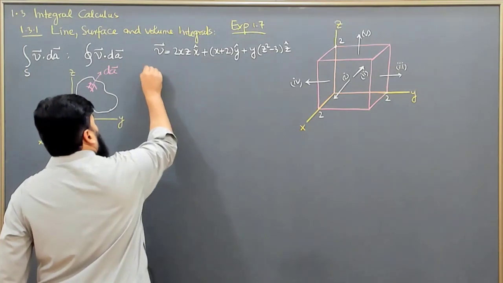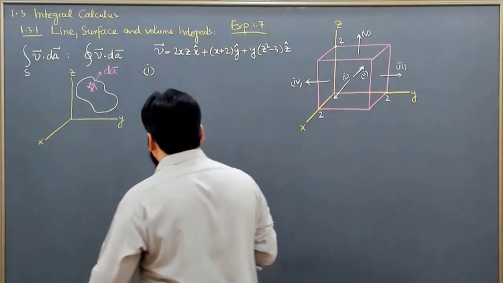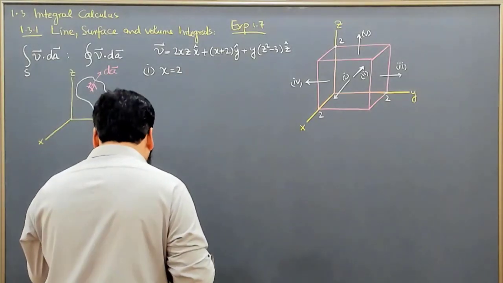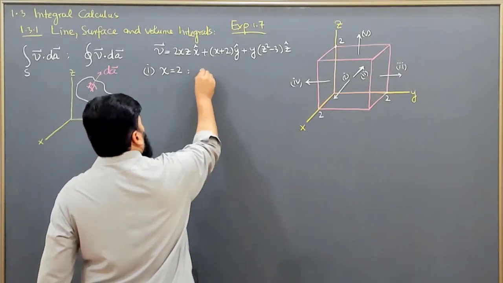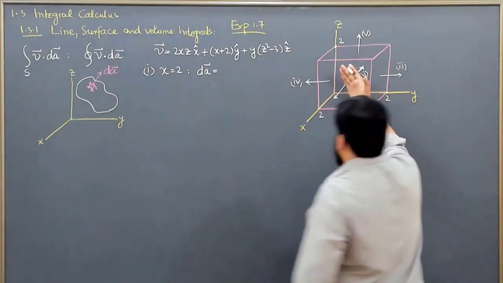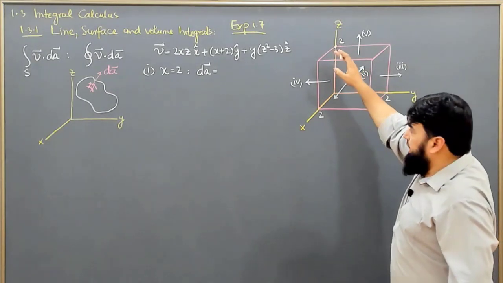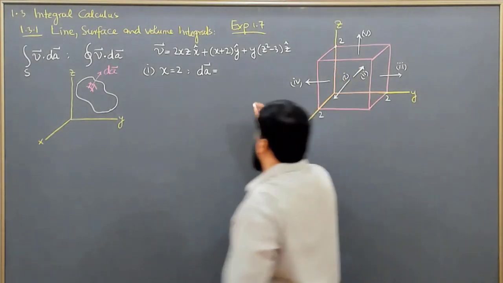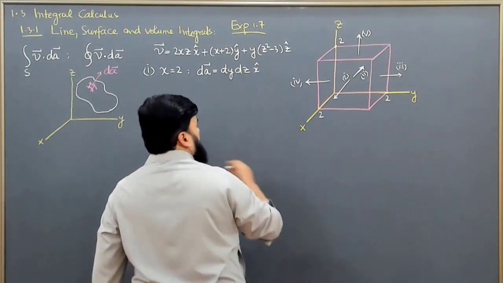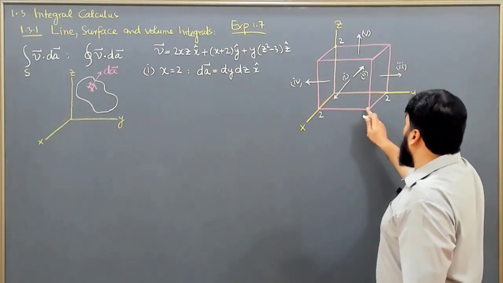So the first one, when I calculate this side of the cube, then I know that on this side x is equal to 2. And what about the area element? On this x side, the plane is of y and z, so dA is dy dz, and it is in the x direction, because it is this plane of the cube, along y and along z.